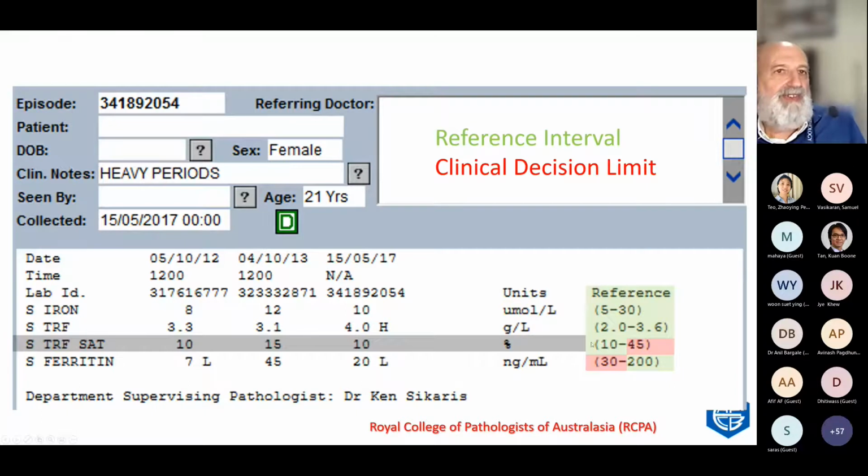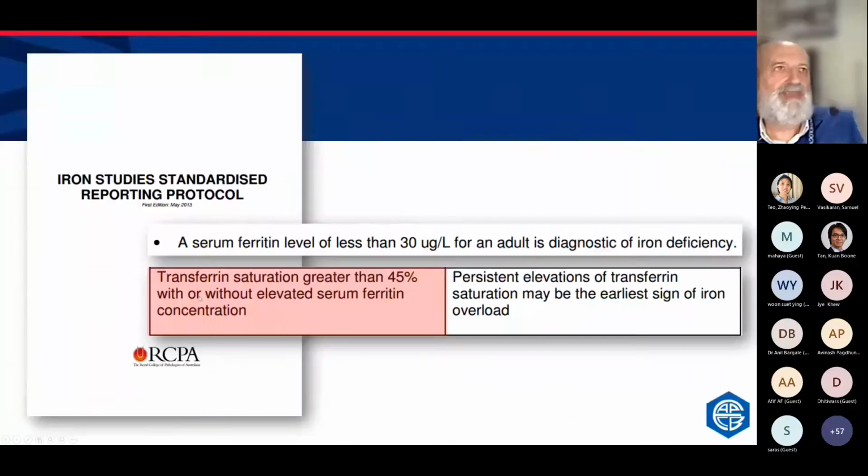Now, even though the reference interval starts at 10, in Australia we have an upper limit of 45, which is not a reference interval. It's actually a clinical decision limit, which has been set by the College of Pathologists. And we'll also touch on the lower limit for ferritin, which is also not a reference interval. It's a clinical decision limit. So in Australia, we had the guidelines from our college that said transferrin saturation greater than 45%, with or without elevated ferritin, is an elevation.